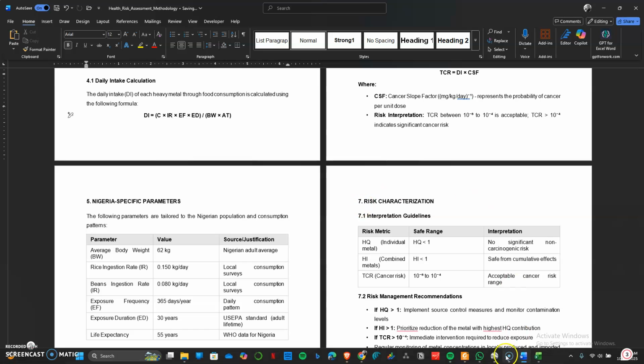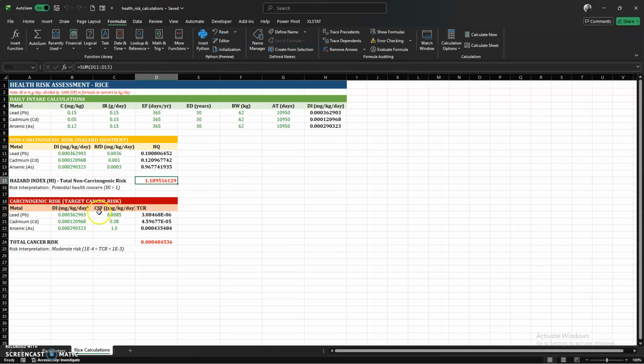So we simply have to do that computation now. We know our daily intake, which is the same as what we calculated previously. Then we know our cancer slope factor. Once we multiply these two, we get the result here. We also get the result here, and we get the result here.